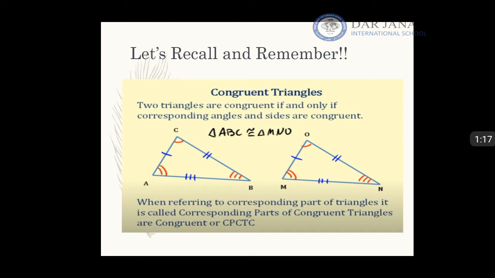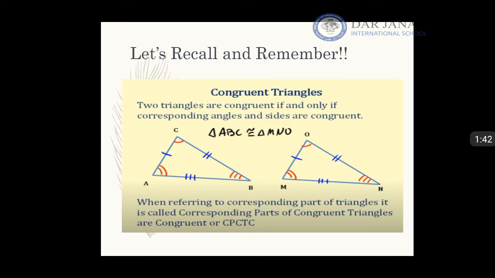When referring to corresponding parts of congruent triangles, it's called CPCTC, corresponding parts of congruent triangles are congruent. This means that the three sides of the first triangle ABC are congruent to the three sides of the second triangle MNO, and the three angles of triangle ABC are congruent to the three angles of triangle MNO.